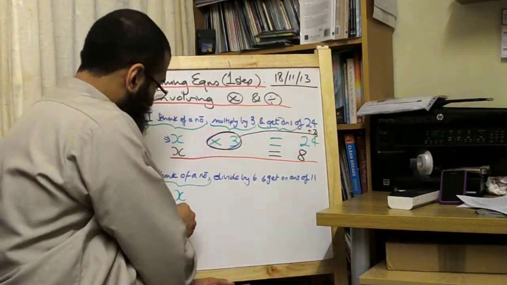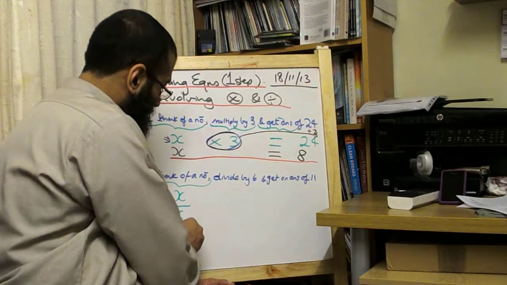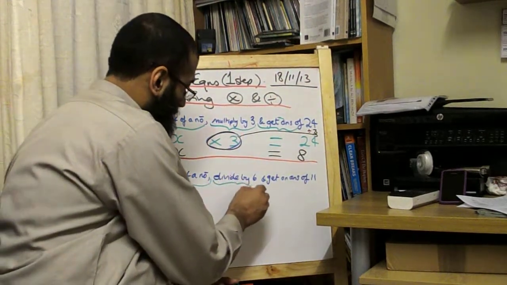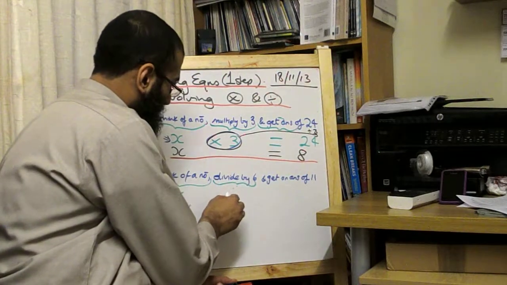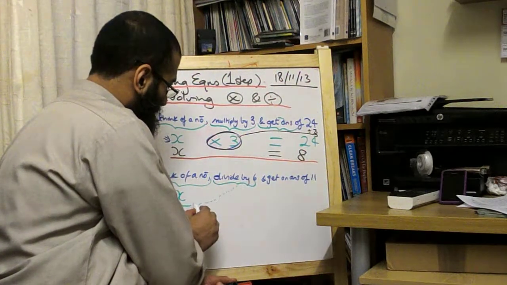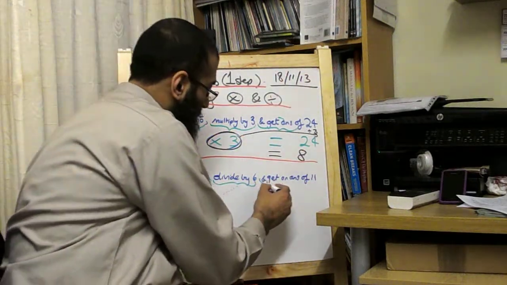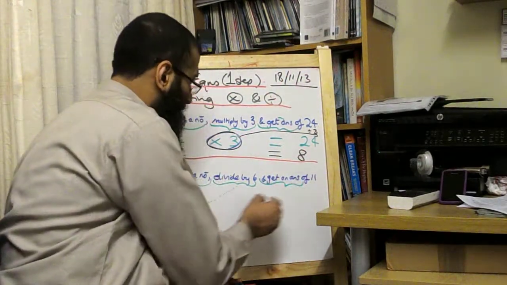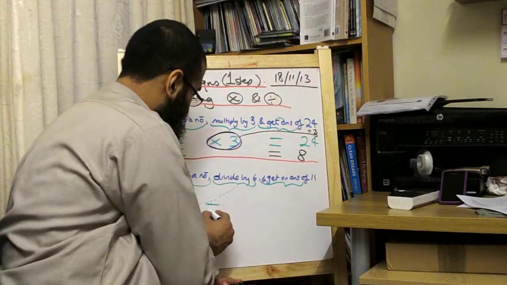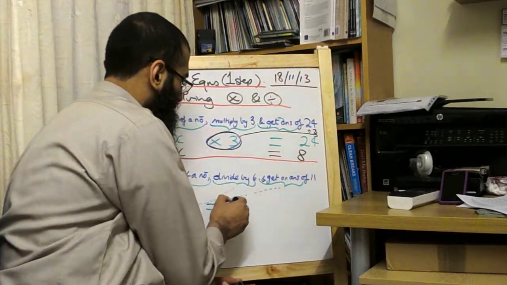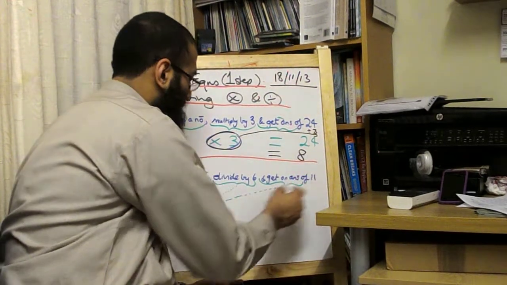Divided by 6, that's the way I like to write my divide by 6. Okay, and get an answer of, that's represented by an equal, 11.